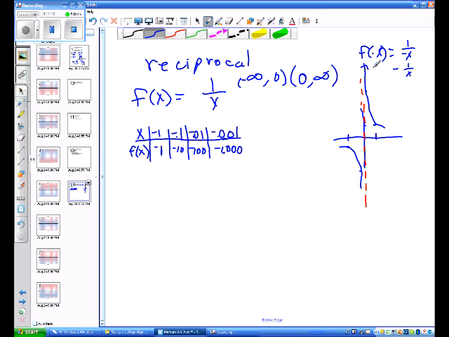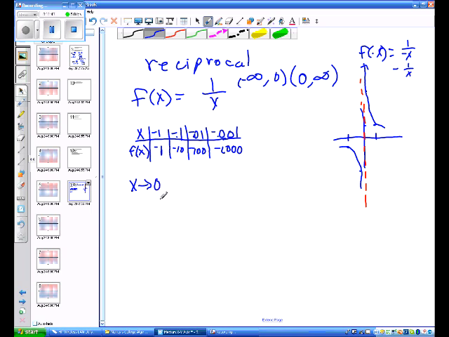Now I talked about how this gets into an idea of limits, but we have some special ways of writing this down. What we would say here is as x approaches 0. Now we did it where we came from the negative side and it went toward negative infinity, but if we're approaching 0 from the positive side, it's going toward positive infinity.